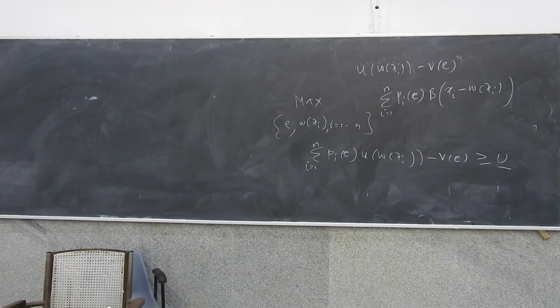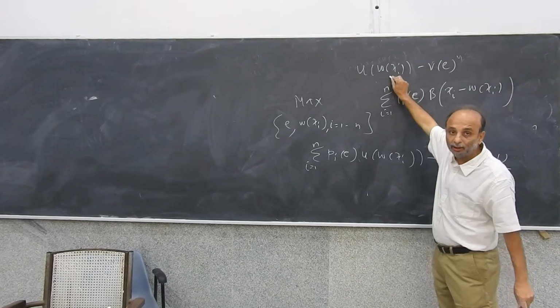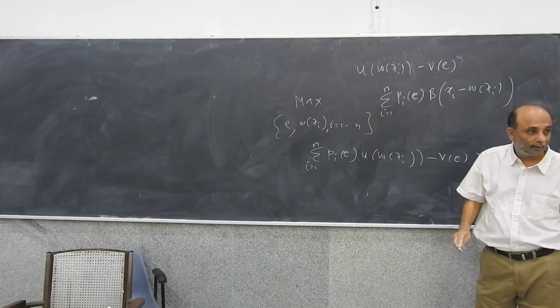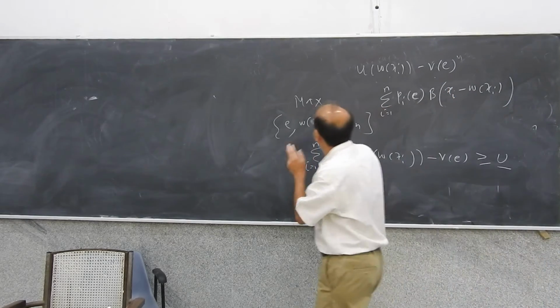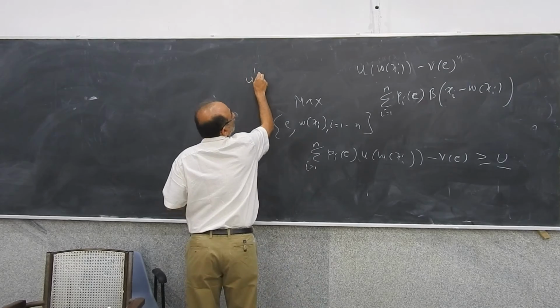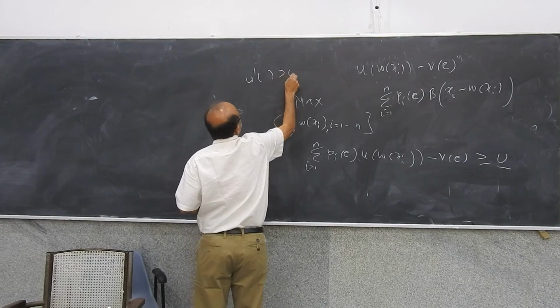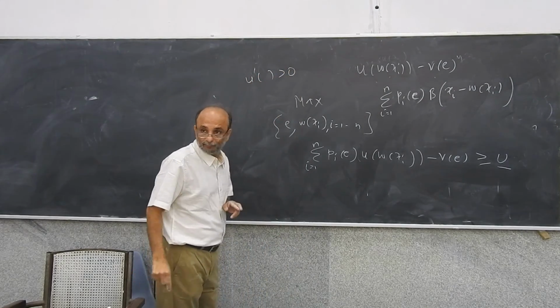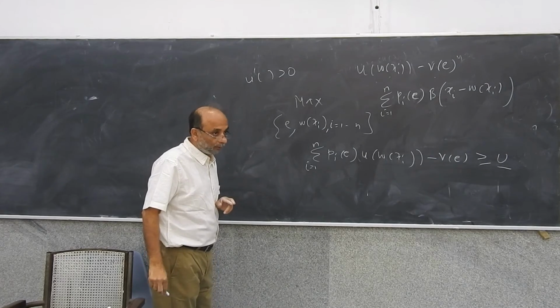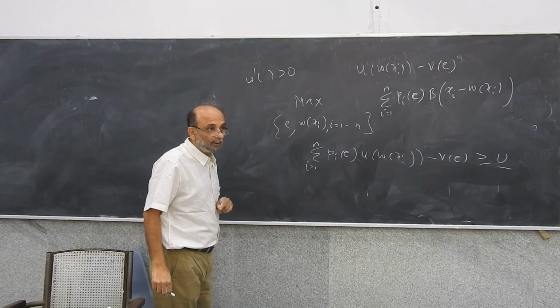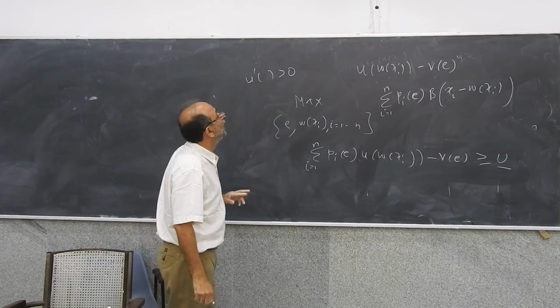So you get some utility from the wage, and some disutility from working. I'll also assume here that U dash is greater than 0.